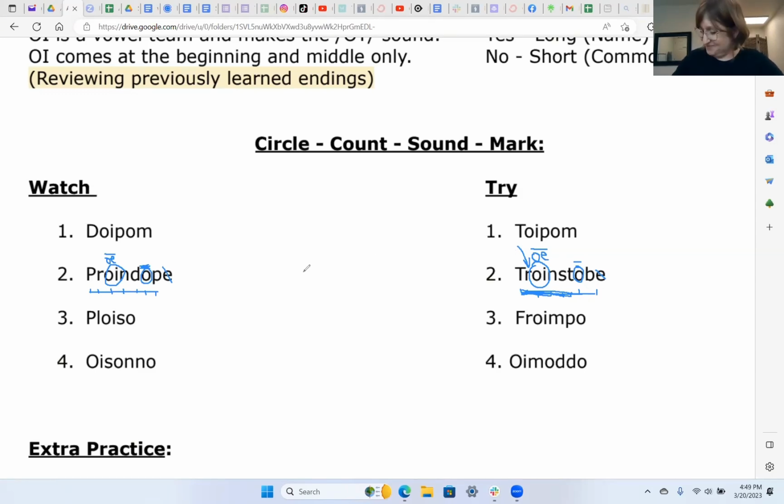Okay, I told you this lesson was going to be easy, but it's turning out to be a little difficult. Just the sound OI is easy to say, oi, but wrapping your tongue around all of the different consonants in the right order is always a challenge. Okay, let's do mine. Here we have that OI again. O at the end says its name, always.